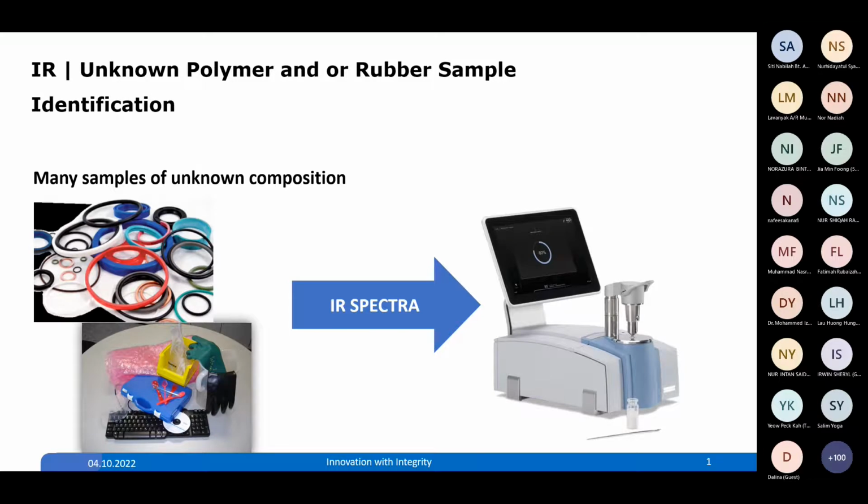FTIR spectroscopy can be used for raw materials and product quality assurance. It can also be used for failure analysis. If you find any contamination on your samples or products, you can cross-check with FTIR to identify the contamination which causes the failures.